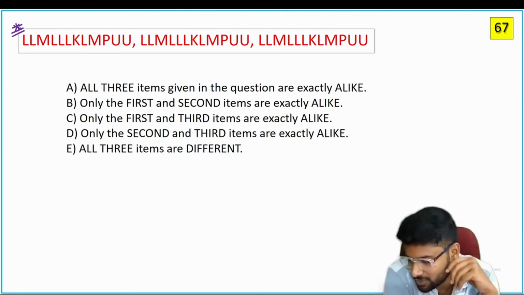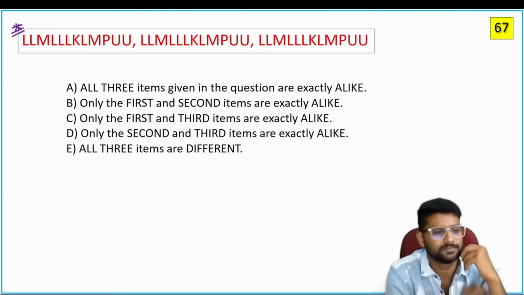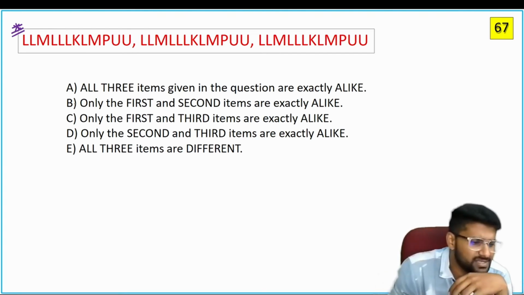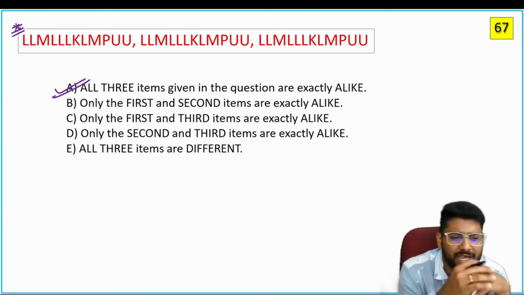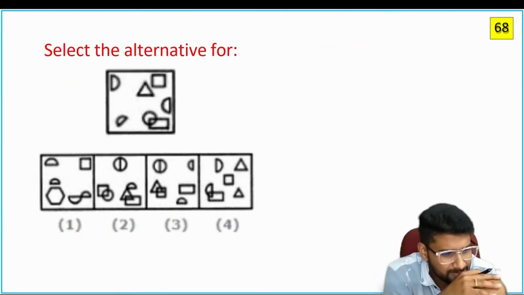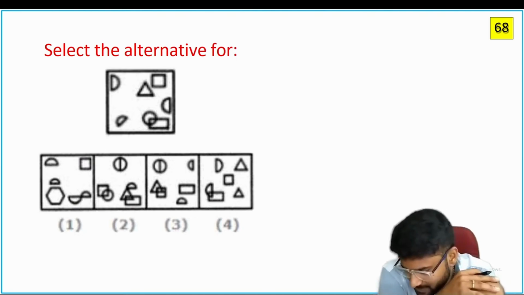Then you will understand what the pattern is in the given information. If anything is different, guys, all look the same. That's why the answer is A. All 3 items in the given question are exactly like the question. See this image?